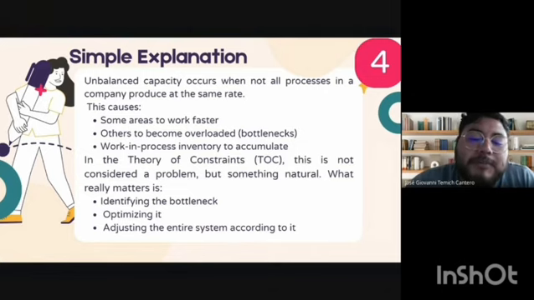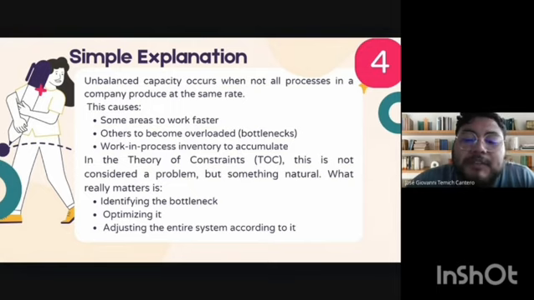Goldratt also explains that the goal of a company is to make money now and in the future. The company is more focused on increasing throughput, reducing inventory, and controlling operating expenses.